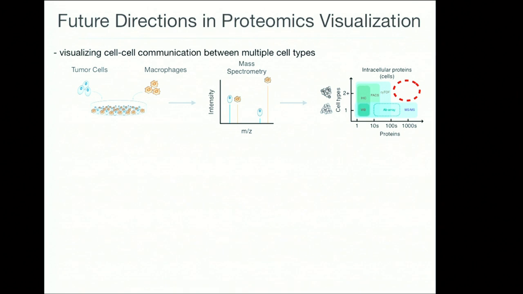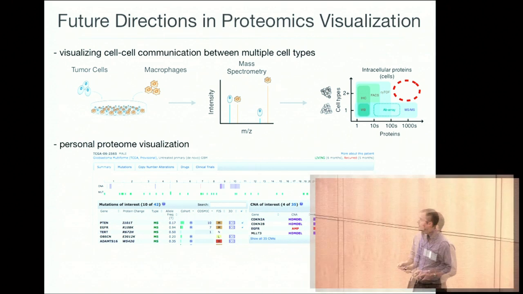And this is, of course, important especially for secreted proteins, where even though you don't know where the cell of origin is, this method can do this. So if any of you are interested in cell-cell communication and the problems of visualizing this, I'd like to talk with you during this conference.